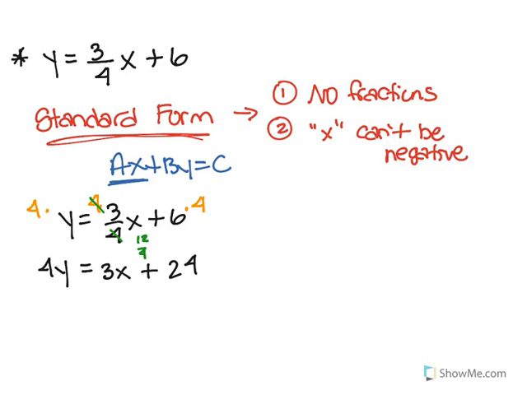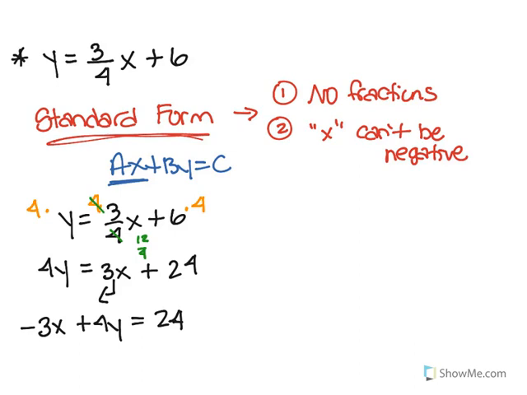The next step would be put x over there with y. It's got to be in the front of y. So if you move this 3x over, it's going to become a negative 3x, which now I got to deal with what number 2 says. That x can't be negative if it's sitting in front. It's got to be positive. So all that means is you're going to divide a negative off of everybody, which is just changing everybody's sign.